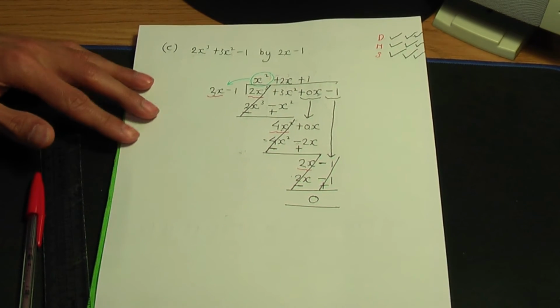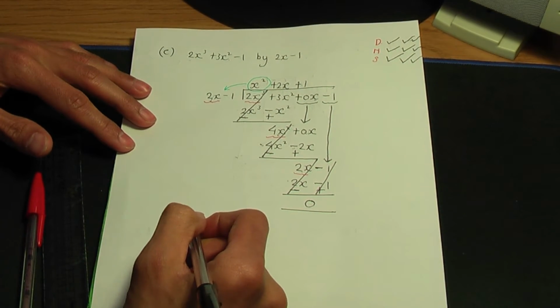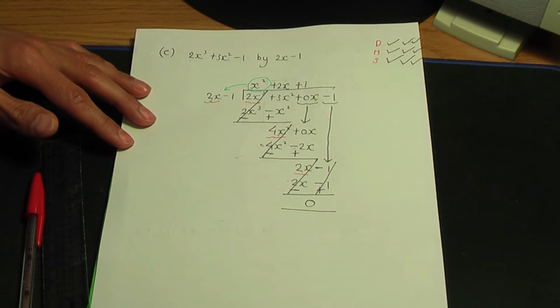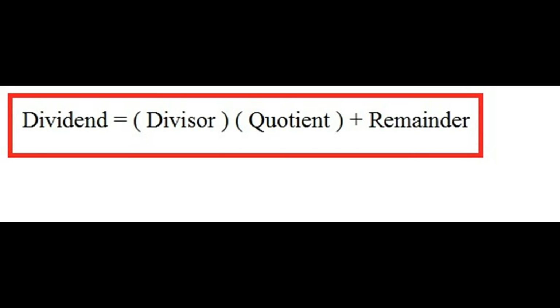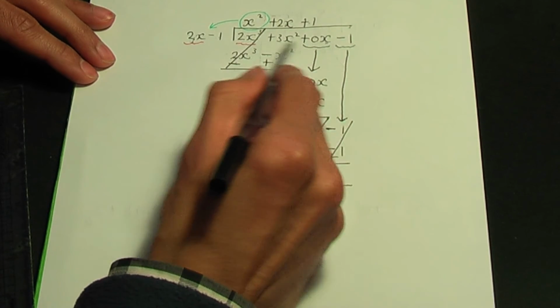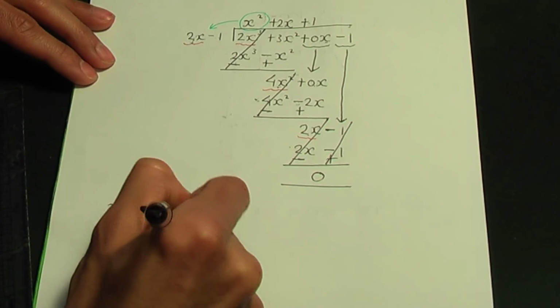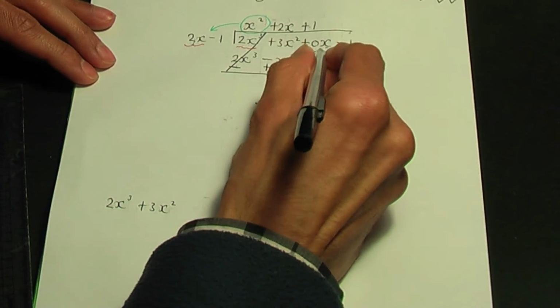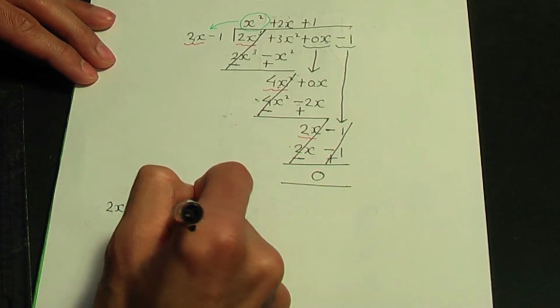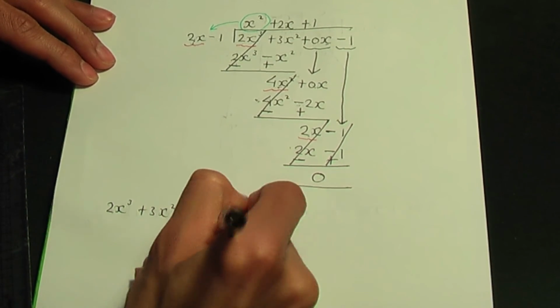So let's relate these with the relation. Remember the relation, so back to the screenshot. The dividend is the divisor multiplied by the quotient plus the remainder. So back to the paper and pen. Our dividend is 2x cubed plus 3x squared plus 0x minus 1.